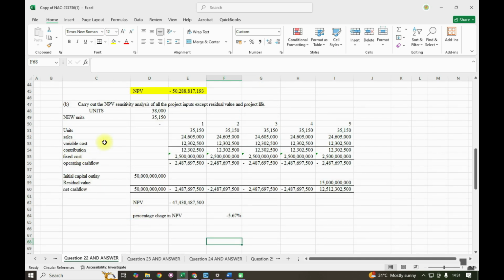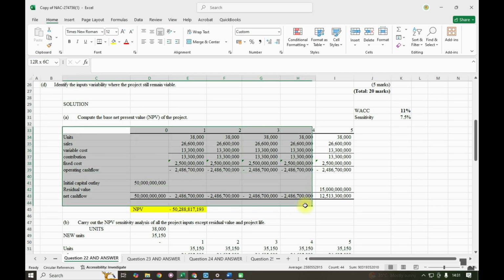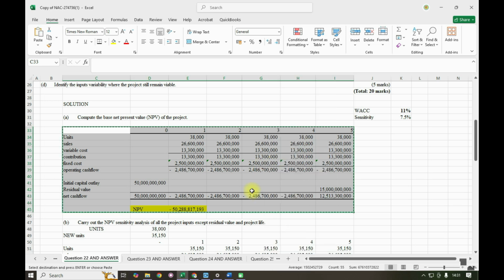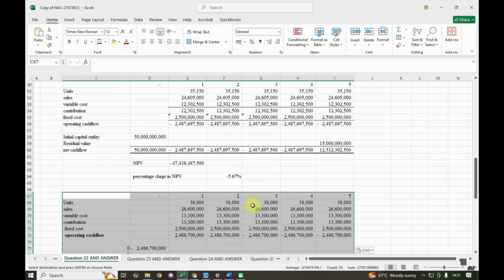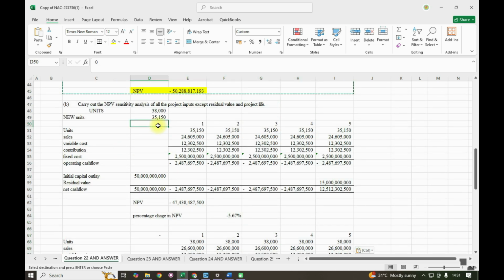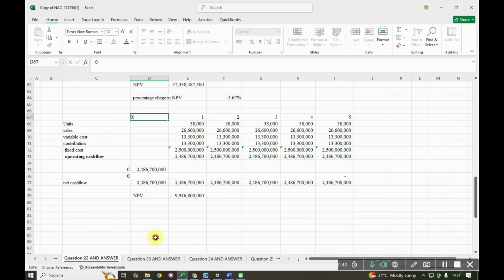Then the second one, here I'll copy the original one and paste it here, plus our format. So remember this was year 0, and this one will be year 0.